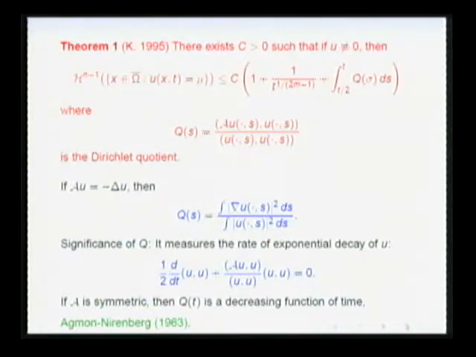So the Dirichlet quotient is, like if you have a Laplacian, gradient u squared divided by u squared. In the general higher order case, it's (Au, u) divided by (u, u). So this quantity is important for the purposes of this talk and also for many other things, in unique continuation, as I'll mention later on.